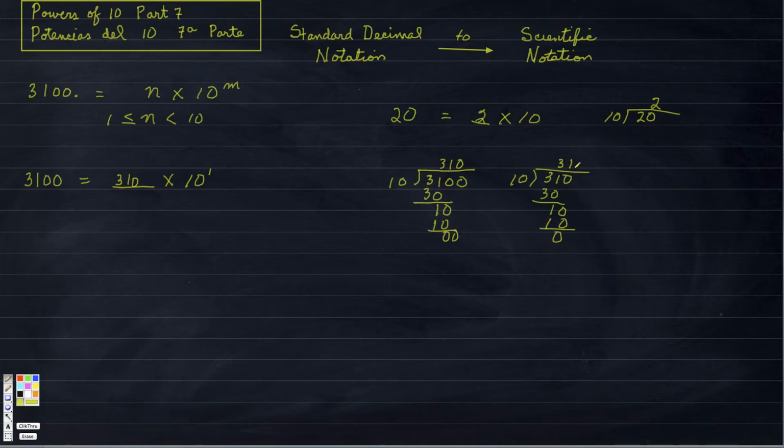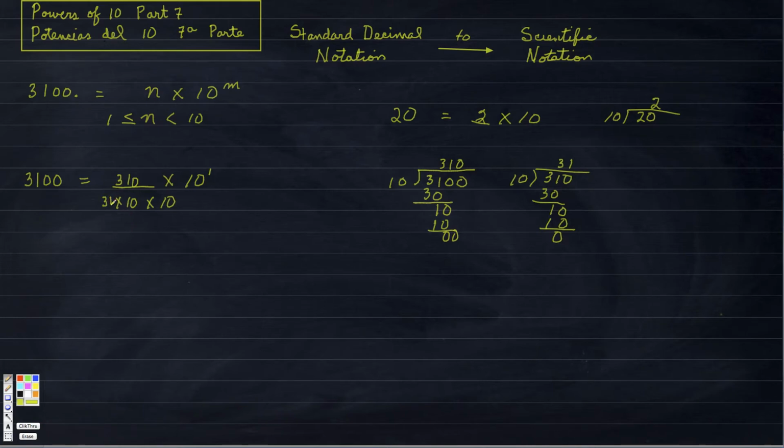So now I found another factor, 31. 31 times 10 gives me 310. So instead of writing 310, I could write 31 times 10, and then times the other 10 will give me a total of 3,100.